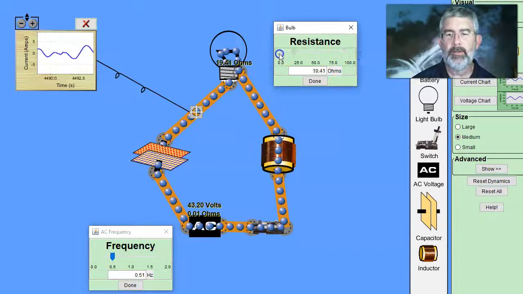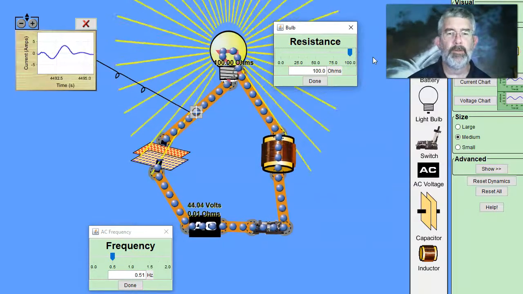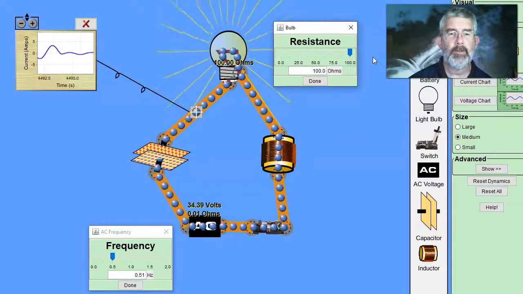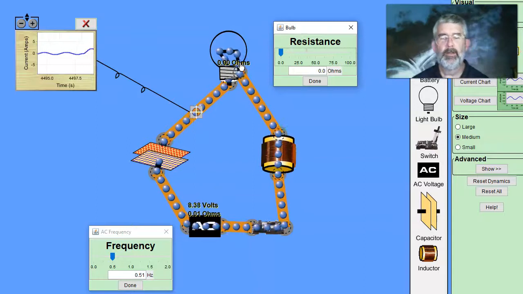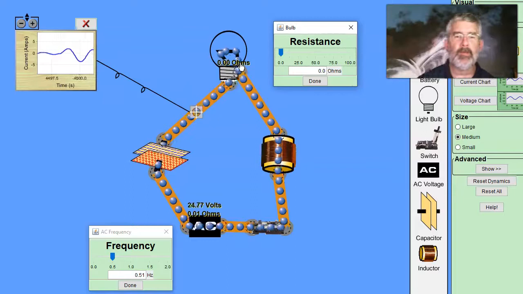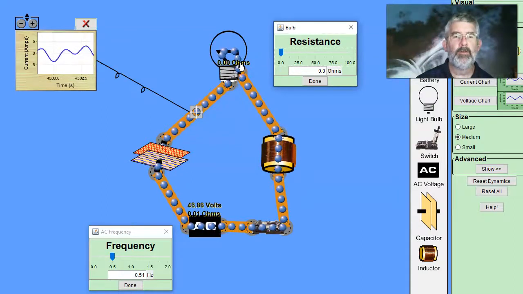Again, I'm going to put in a lot of resistance for a moment to damp out whatever was there before. And then back to resistance 0. And we can see that this gives me even more amplitude.